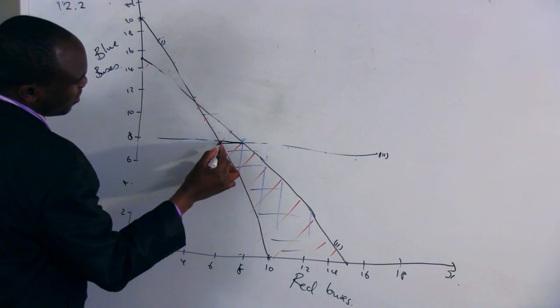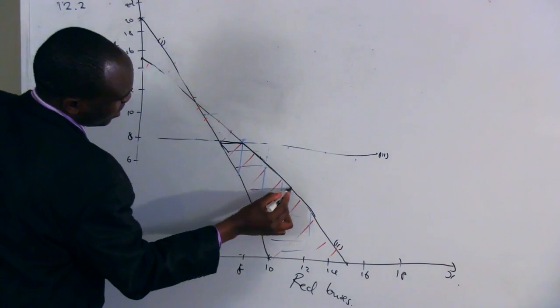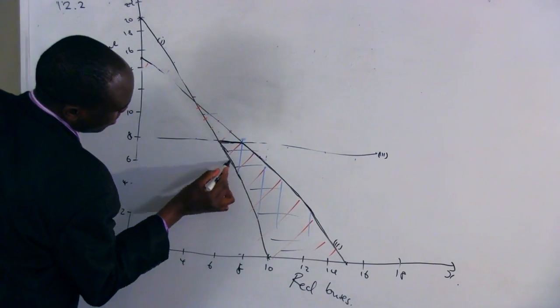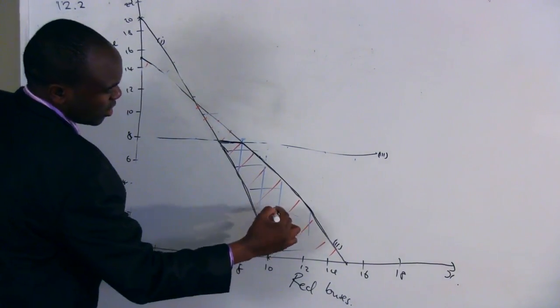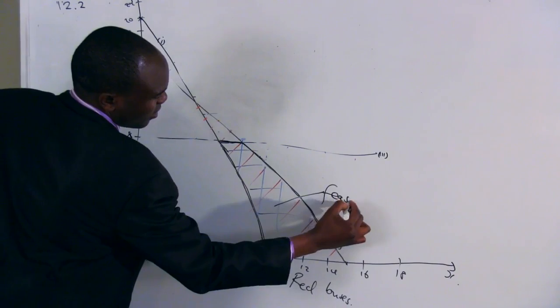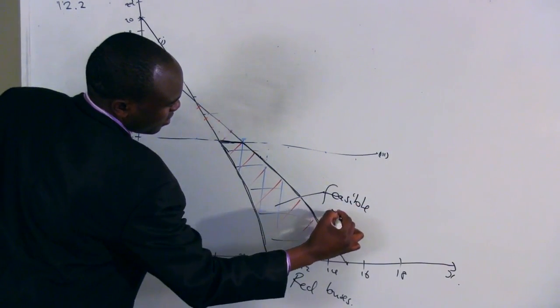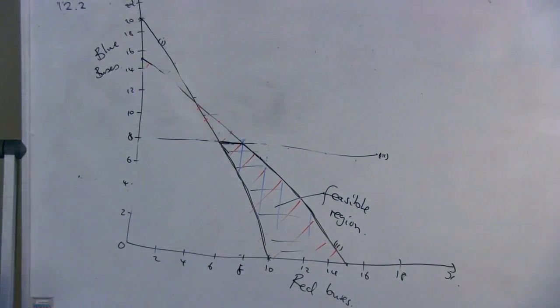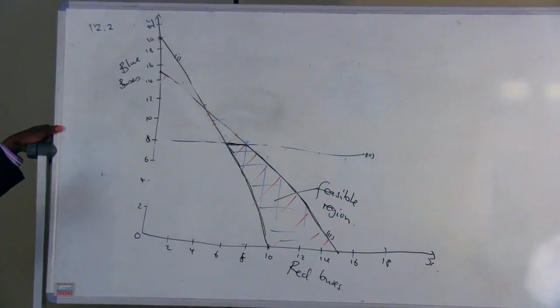So this region there, this is the feasible region. You can even write this far. Okay, that's it. So we're done with that one.